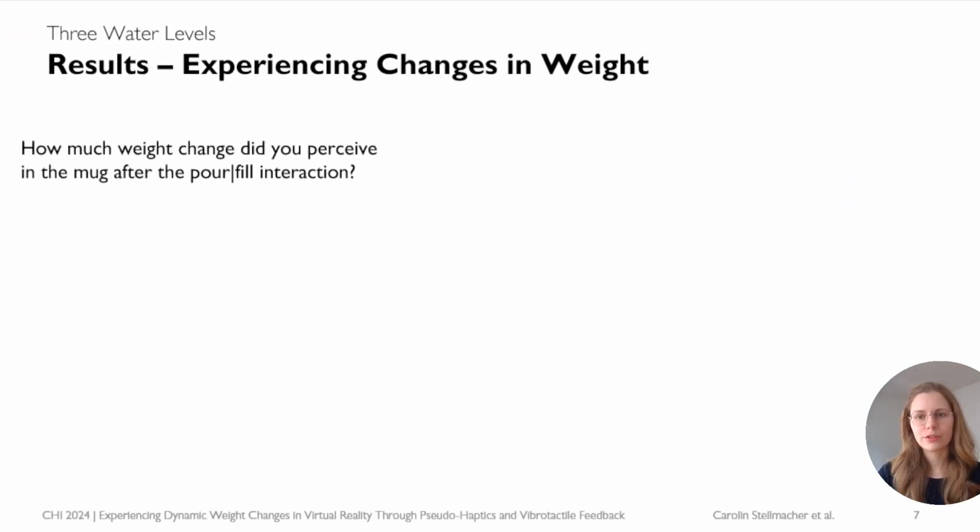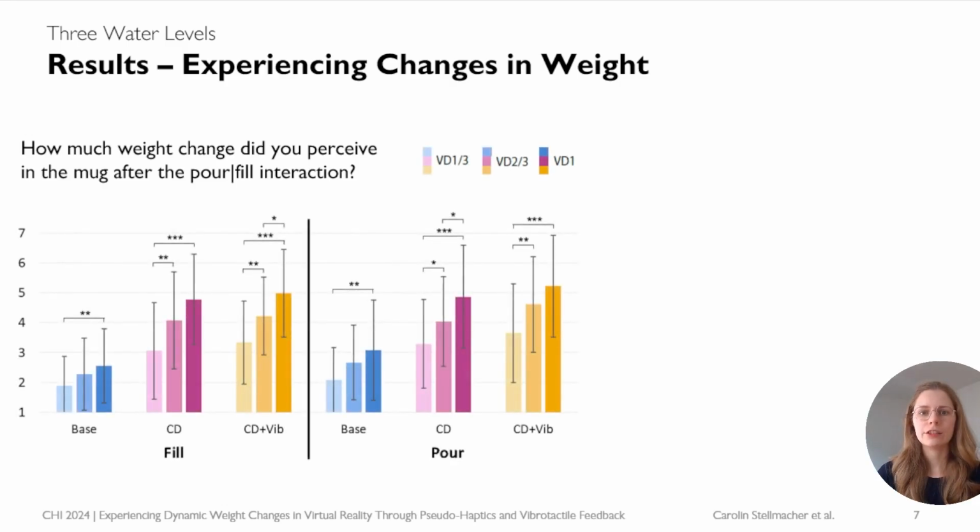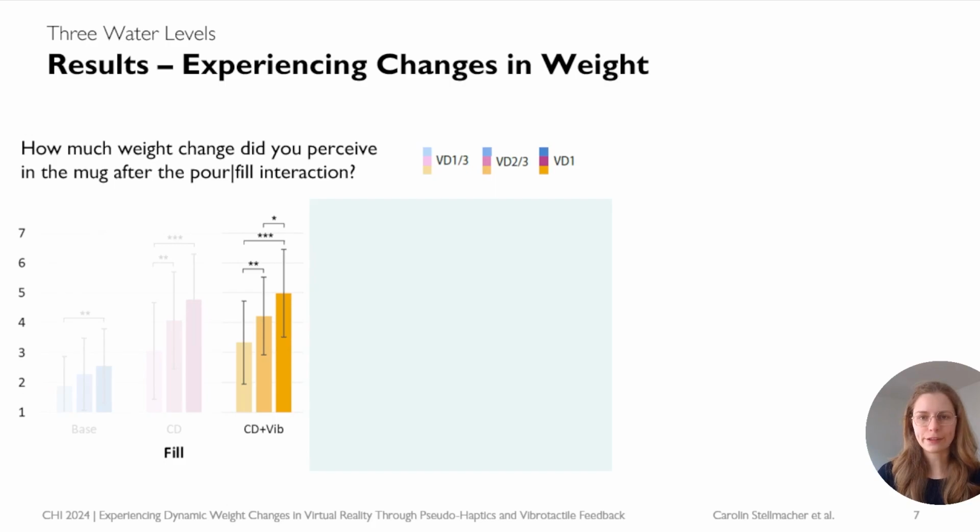The results showed significant differences in the Likert scale ratings between the different water levels in regards to the perceived extent of weight change. For example, filling a mug up to the maximum received significantly higher ratings than filling it just 2/3 or 1/3 in the weight techniques.